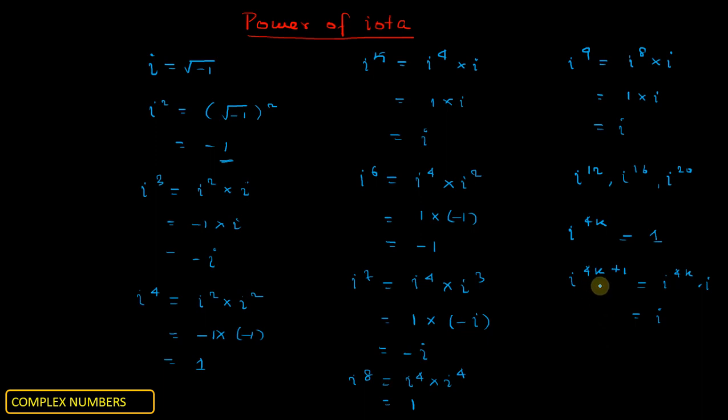Means when we have remainder as 1, when we divide power by 4, in that case we will write simply as iota. If we have iota raised to 4k plus 2, it will be what? Iota raised to 4k multiplied by iota square, and iota raised to 4k is what? 1 multiplied by iota square, and iota square is what? Minus 1.